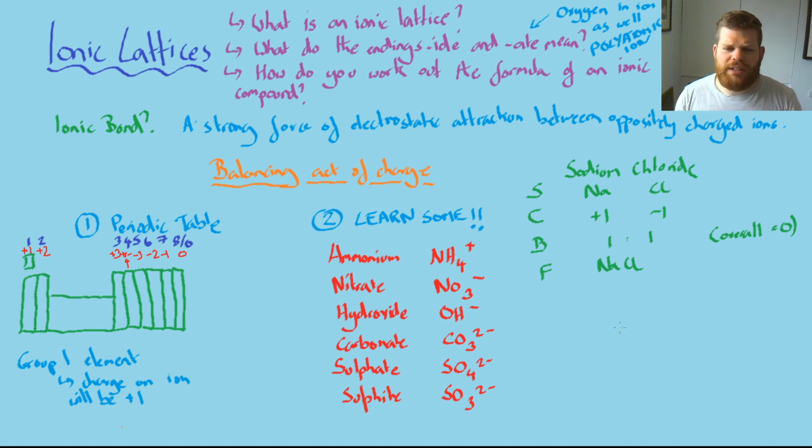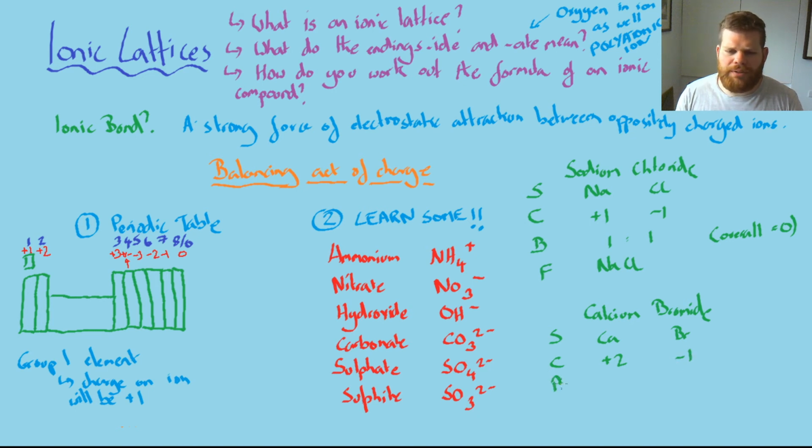Let's do another one, a slightly different example this time. Let's look at calcium bromide. I've got my symbols. My symbol for calcium is Ca, bromine or bromide is going to be Br. My charge this time is +2 for my calcium, and my bromine is -1.